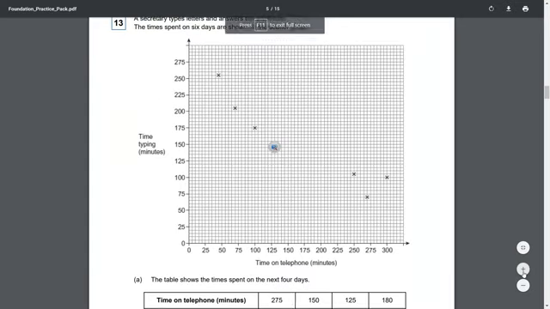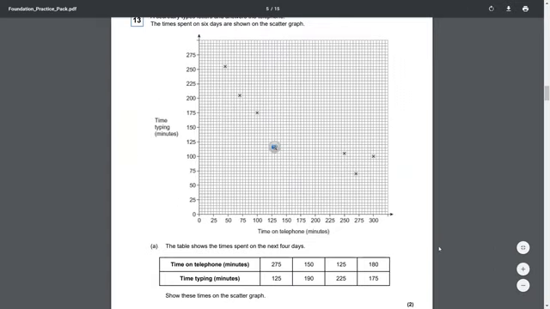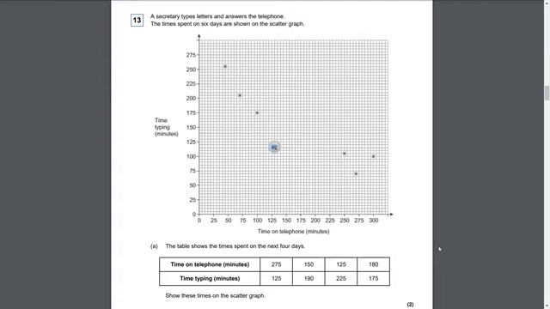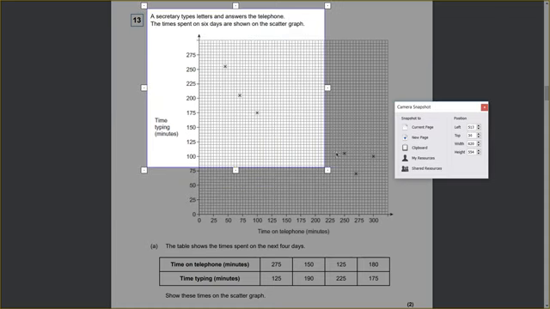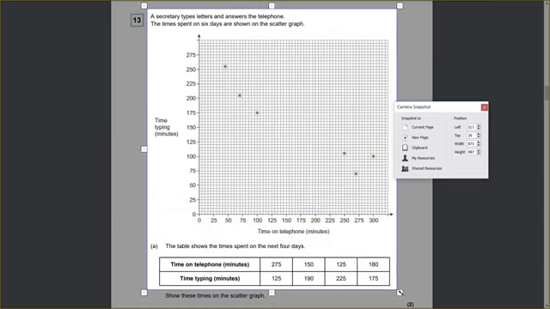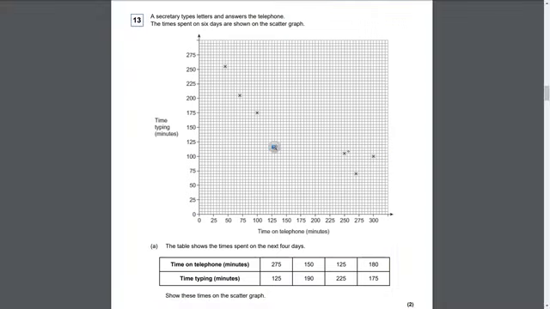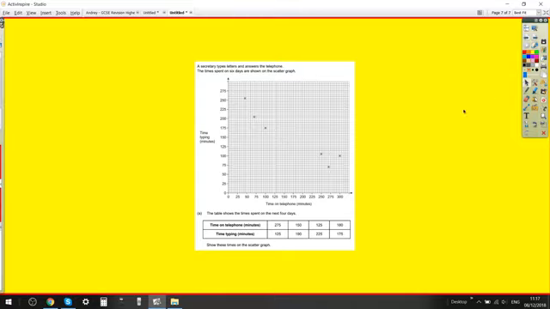Would you add them onto the graph? Yeah. So 275 on the bottom going up to 125. Yeah, and then which is just above. How about the last one? 180 to 175.